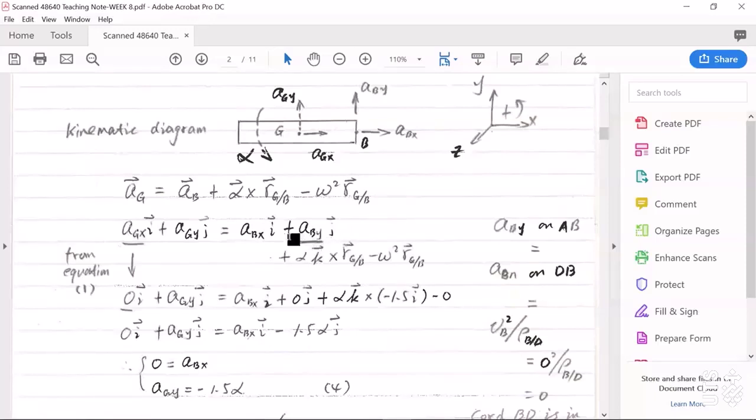But in this one here, ABY on bar AB is actually equal to ABN on cord DB, because point B is the connecting point between this bar AB and the cord DB.